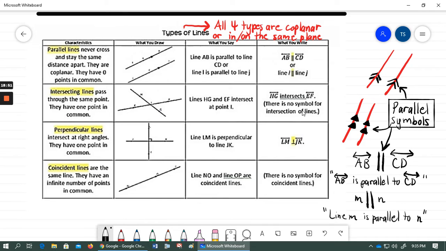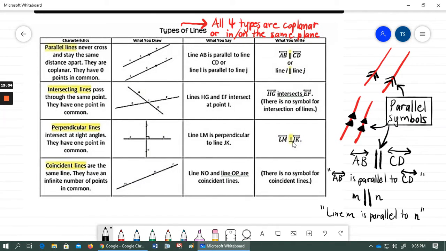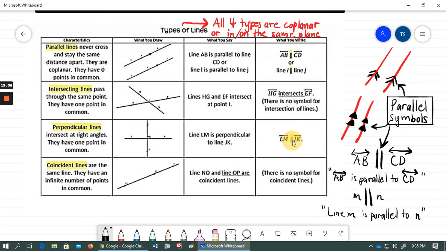Or 90-degree angles. Now, another symbol that can let you know that you're dealing with perpendicular lines is this one right here, where you see the little yellow spot.